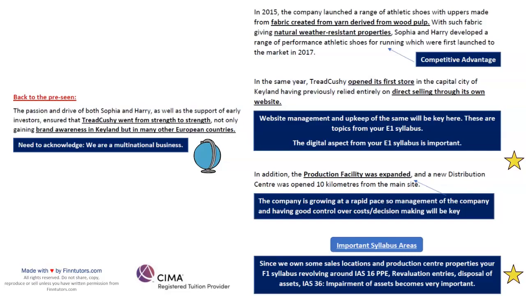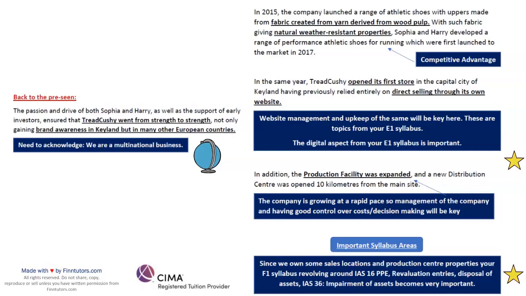In addition, the production facility was expanded and a new distribution center was opened 10 kilometers from the main site, which means we are growing. The company is growing at a rapid pace. So, management of the company and having good control on costs or decision making will be key. Haphazard growth is very harmful. So, good directed growth is very important.